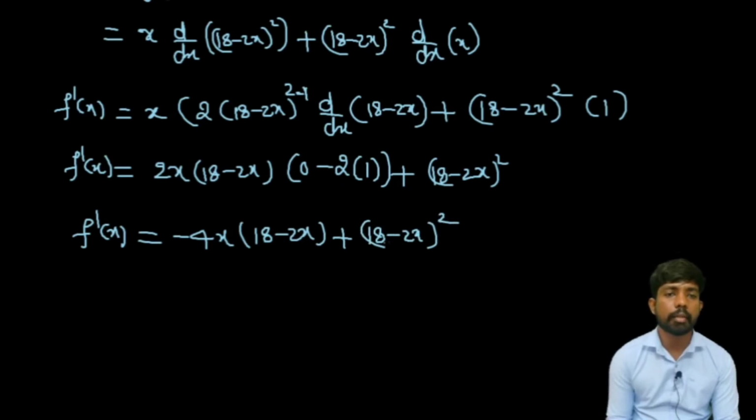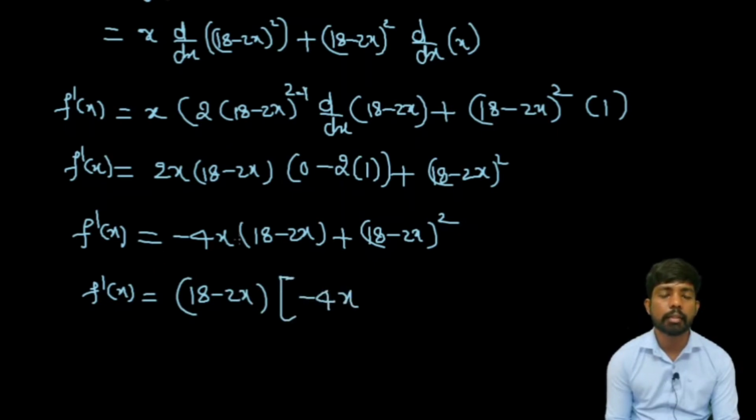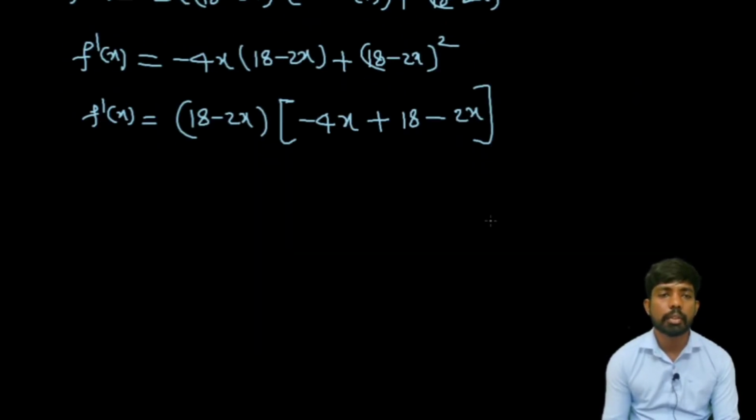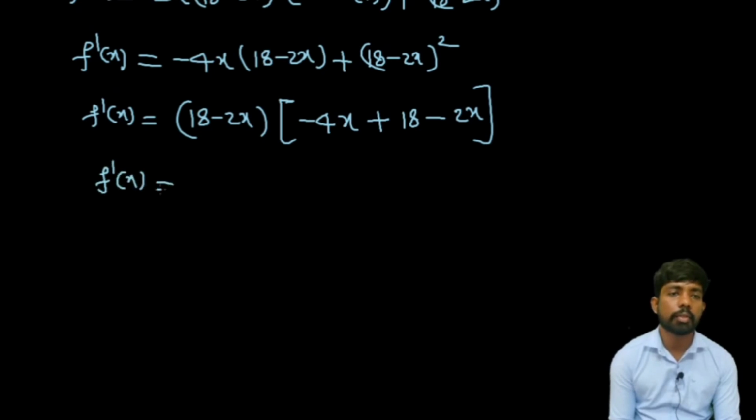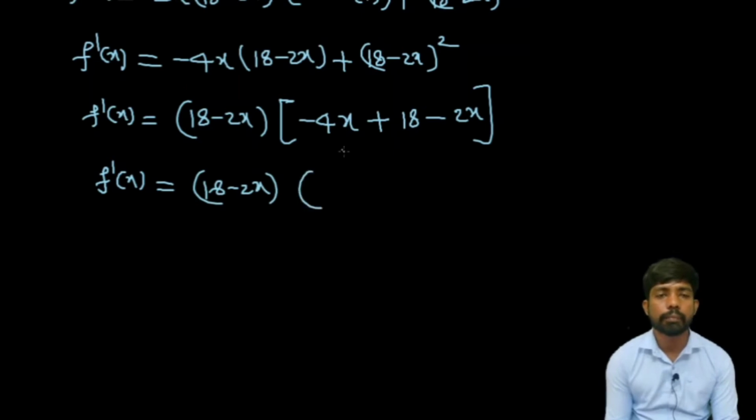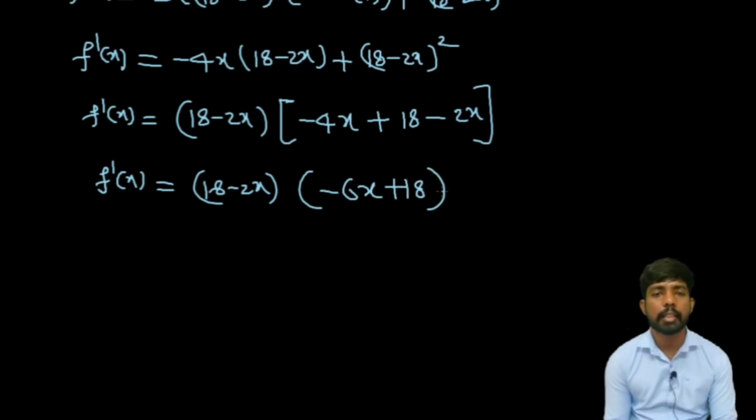Take (18 minus 2x) common. Then f dash of x is (18 minus 2x) into (minus 4x plus 18 minus 2x), that is (18 minus 2x) into (minus 6x plus 18).